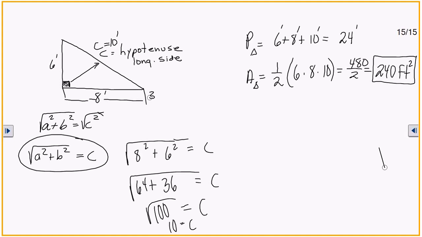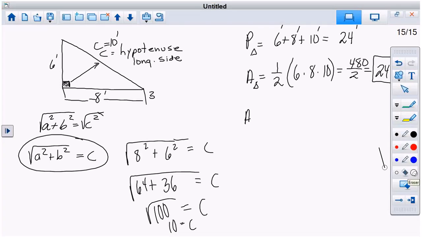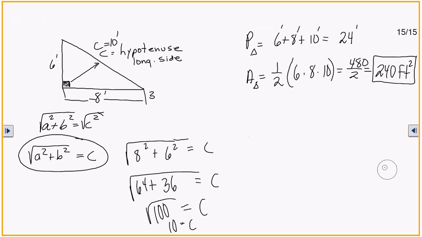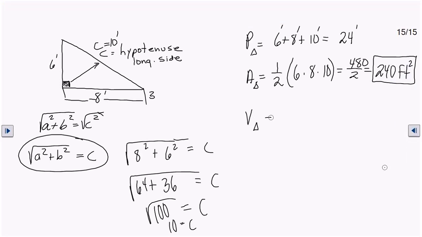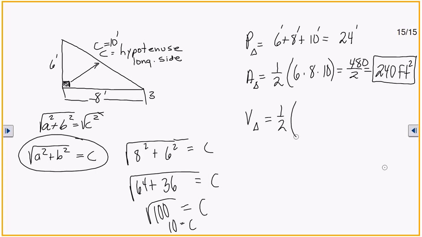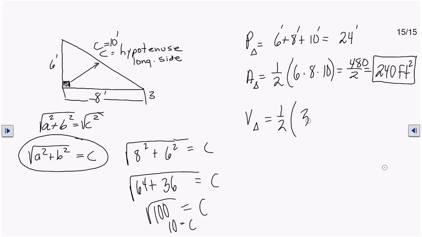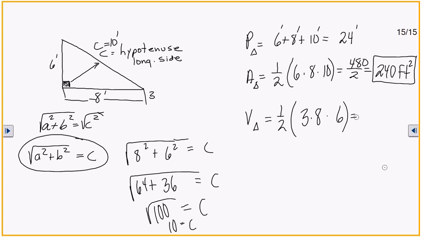Then the volume of this frame, this wooden frame, the volume of this triangular frame would be 1/2 times 3 times 8 times 6. And 3 times 8 times 6 is the volume of the rectangle, and then you would divide that by 2 because a triangle is half of a rectangle.